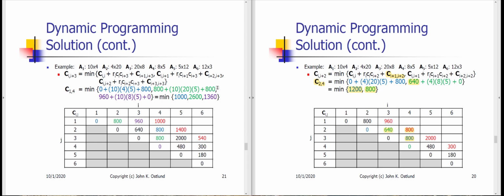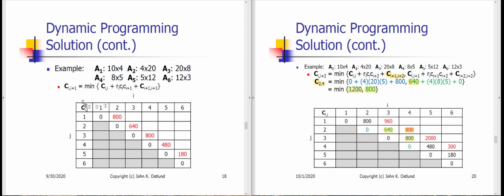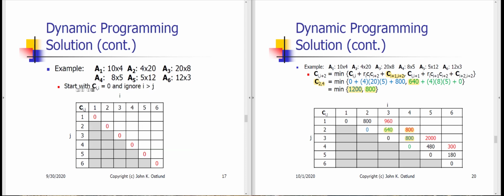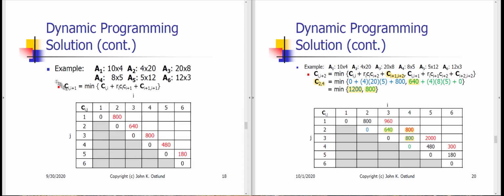Each time we go along to the next diagonal, our computation gets more complicated. Okay, so for C(i,i), we just had 0. That was easy. For C(i,i+1), we only had to compute a value. And of course, the minimum of a value is just the value.